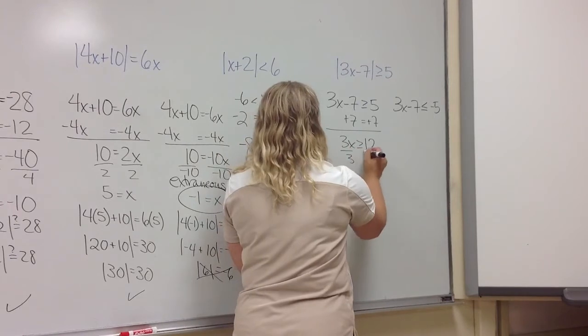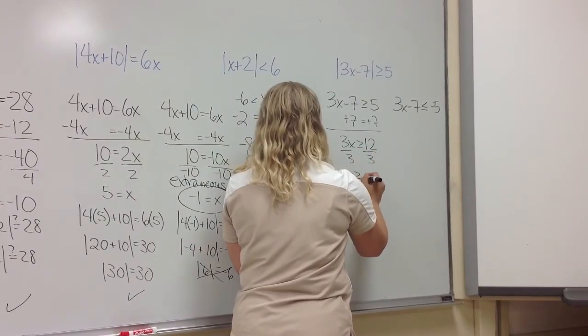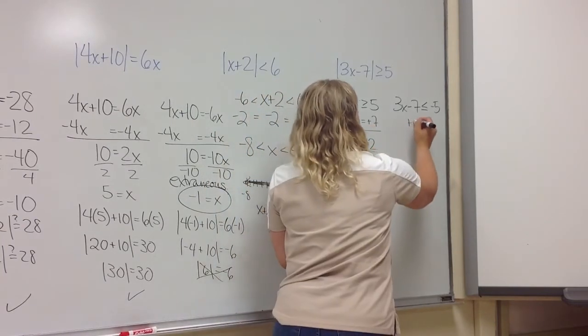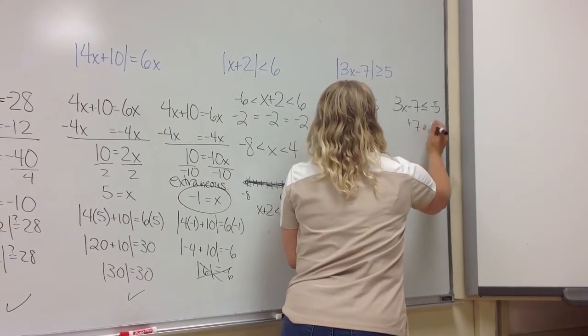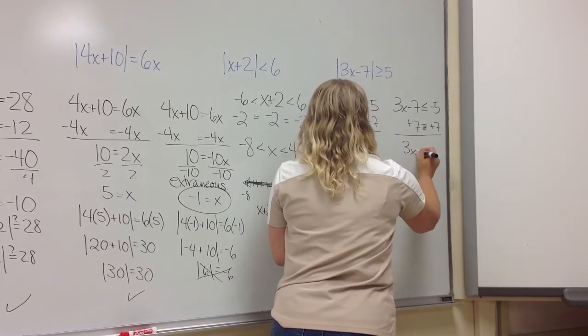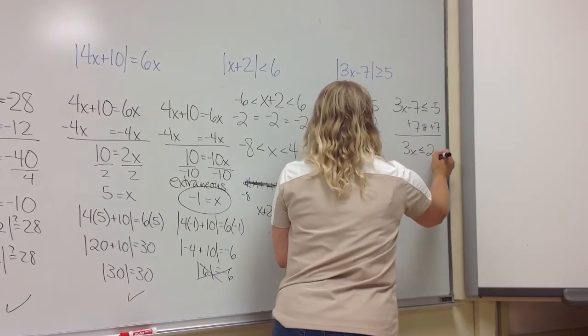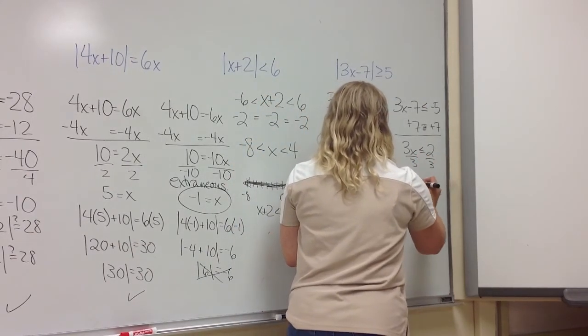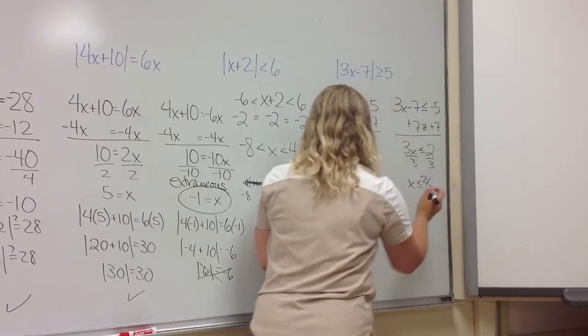You need to divide each side by 3, and you get x is greater than or equal to 4. When we come over here, same thing, we're going to add the 7. What you do to one side, you do to the other. You get 3x less than or equal to 2, and we're going to divide by 3. X less than or equal to 2/3.